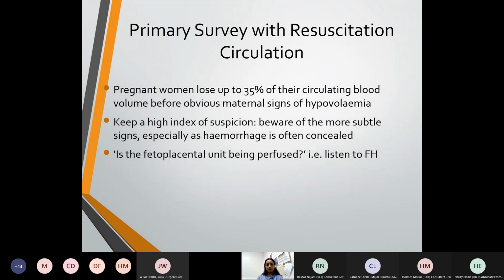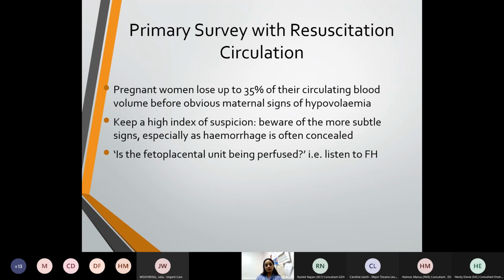So with the pregnant population, as I said to you, they can lose up to 35% of the circulating blood volume before you can find any obvious signs. So you need to have a high index of suspicion. Especially, you need to be aware of how the trauma happened. Is there a likely possibility that there could be some hemorrhage that is concealed?